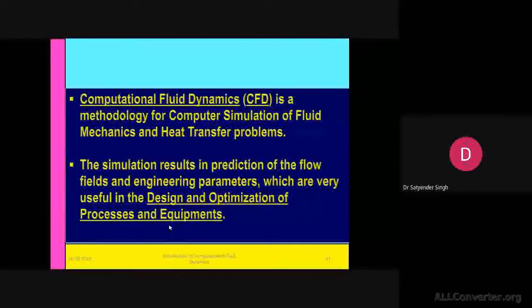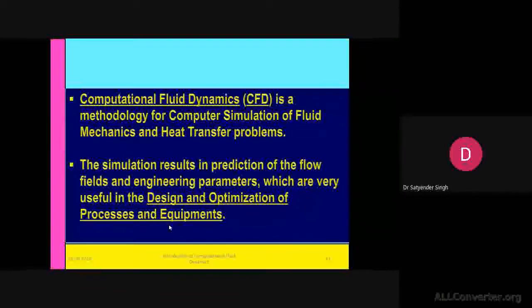At present, almost every R&D lab may be using CFD tools for designing their various devices or equipment, or to change a particular process to make it more efficient. They will be doing the R&D using various softwares. At present, CFD has been integrated with CAD softwares and is commonly known as CAE tools, because in industry or real world situations, we generally have to deal with complex problems where various geometries are involved.